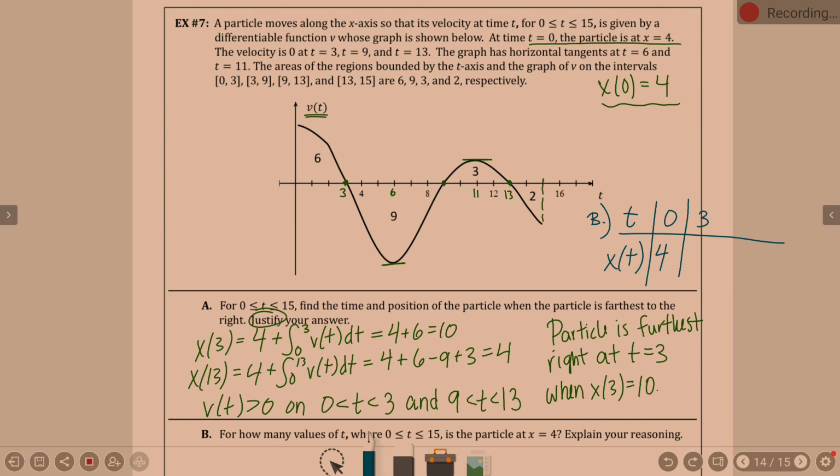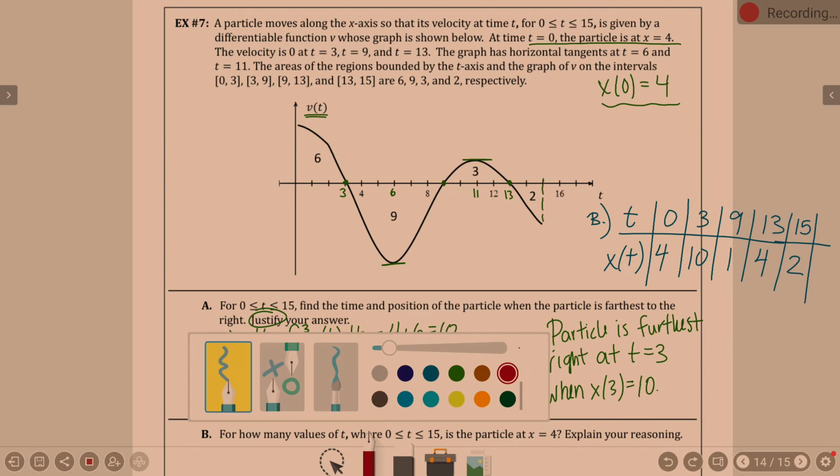At time 9, what's our position? 1. At time 13, just add 3, so we're at 4. And at time 15, we're at 2. Do you only have to check those values? Those are the only values we really can check.